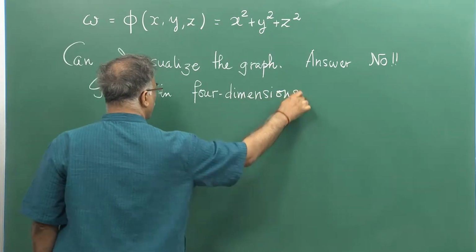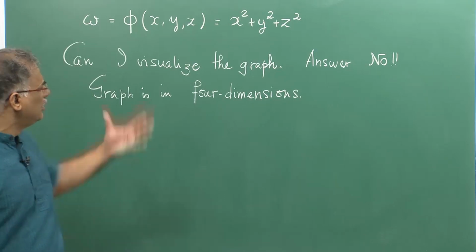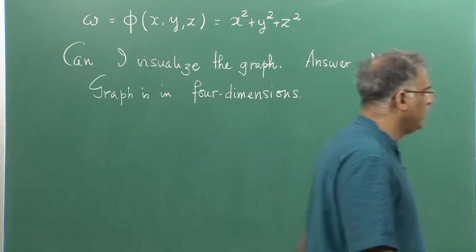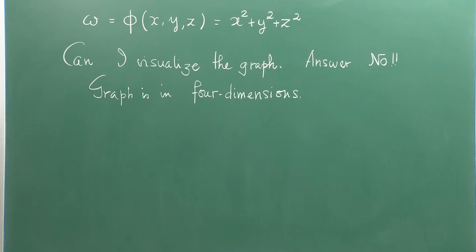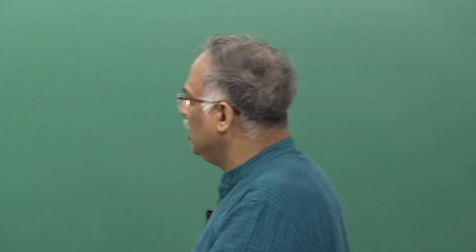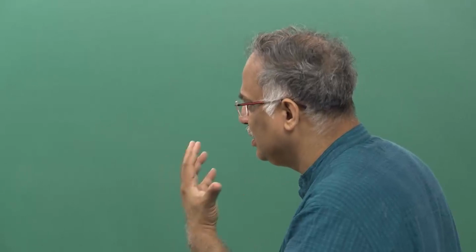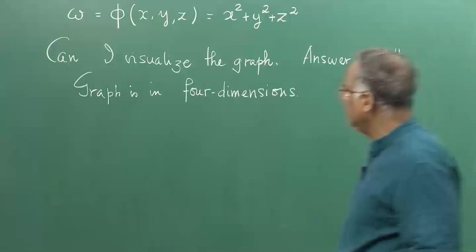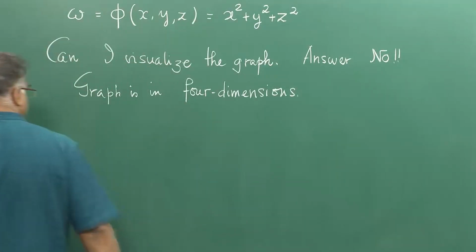How do I tackle, how do I even visualize such an object? Is there any way to visualize such an object? What do I do in such situations? That situation brings to the fore an idea called level surface, which becomes very important in subjects like optimization, where we talk about maxima and minima.